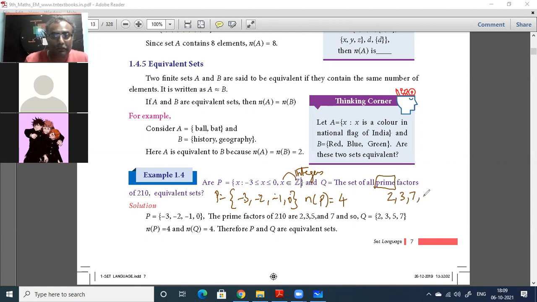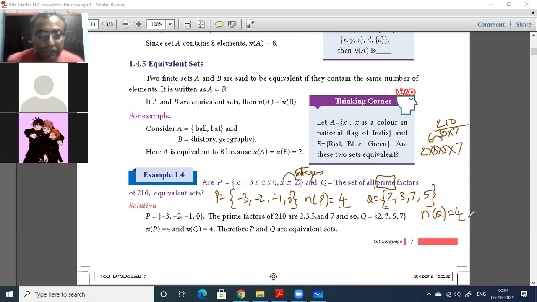What else? 5 is a prime factor. Anything else? 2 into 3 into 5 into 7, how much? 2 into 3, 6, 6 into 5, 30, 30 into 7, 210. Okay, so correct. So these are all the prime factors. What is n(Q)? 4, uncle. Okay, both are equal. So are they equivalent sets or not? Equivalent sets, uncle.